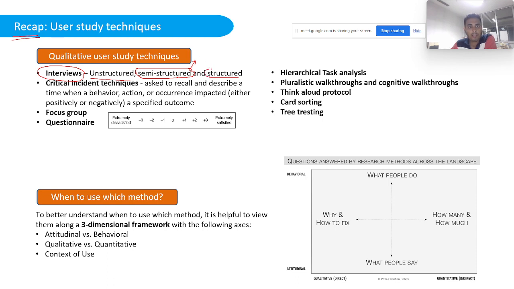The third kind, structured interviews, are mainly limited to a few questions where we need specific information, for example, demographic data. We ask someone, what is your age? What is your job profile? So in interviews where we need information only on a specific set of questions, we can go for structured interviews.